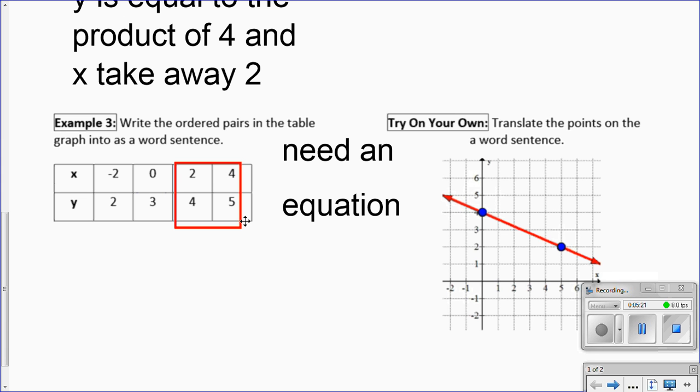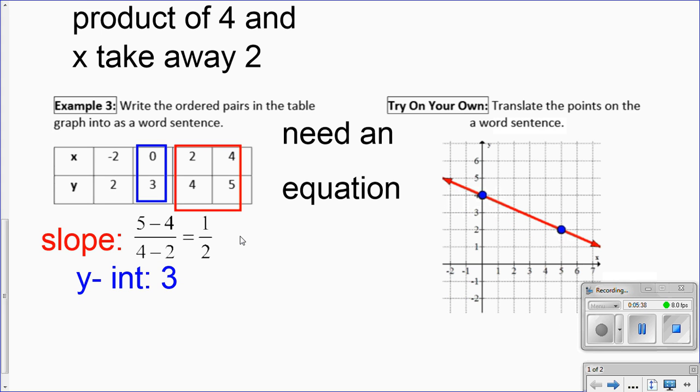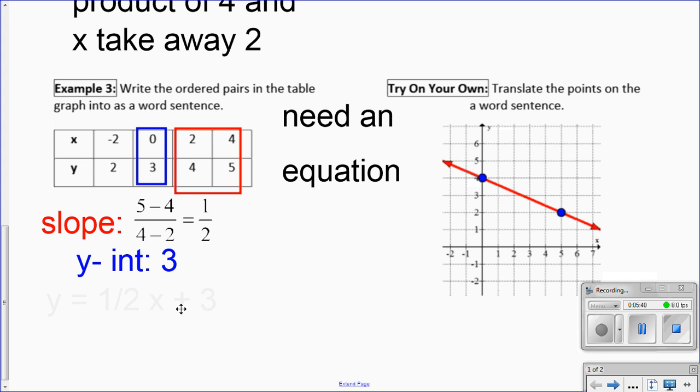So I picked these two in the red box for my slope. And I just did 5 minus 4 over 4 minus 2, which gives me 1/2. The y-intercept is actually already given to us, where the y is a number but the x is 0. So I know my y-intercept is 3. So I just go ahead and write my equation. y equals 1/2 x plus 3.